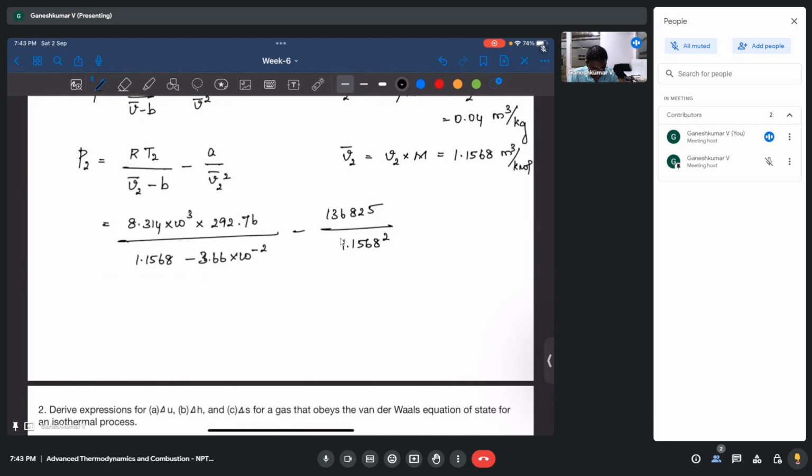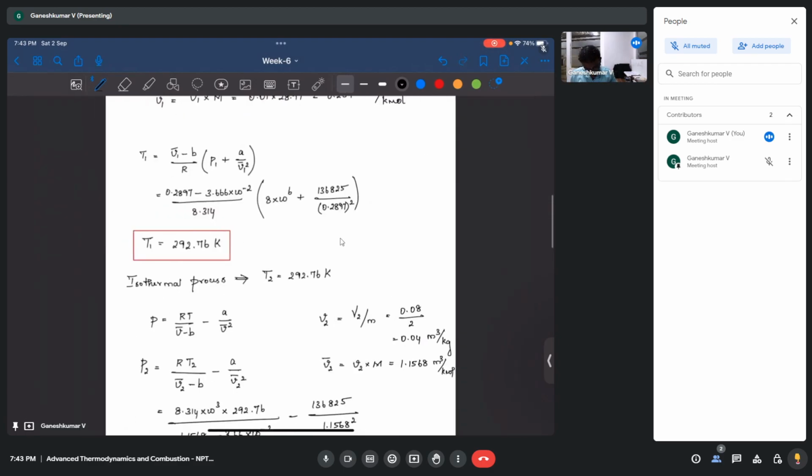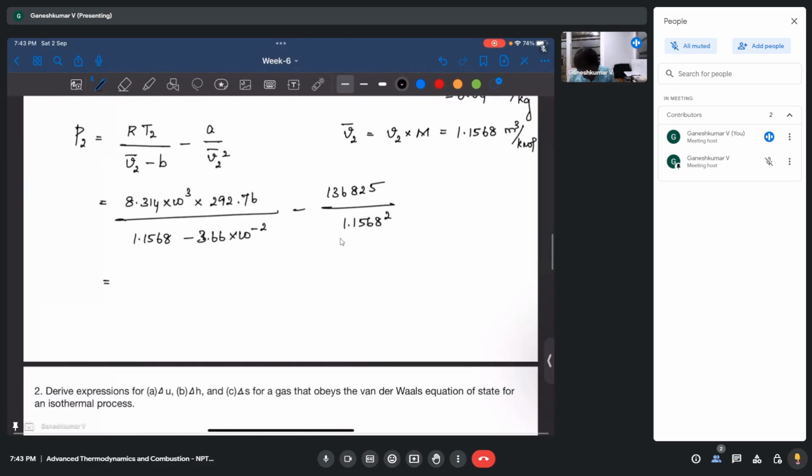Let's see, 8314 into 292.76 divided by 1.1568 minus 3.22 into 10 to the minus 2, minus 136825 divided by... so it is coming out to be 2.0608 into 10 power 6 pascals, which is around 2.06 megapascals.